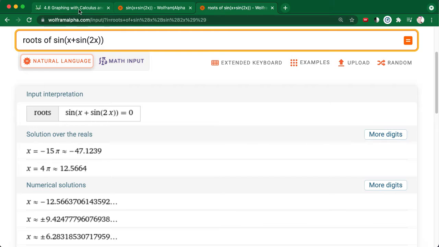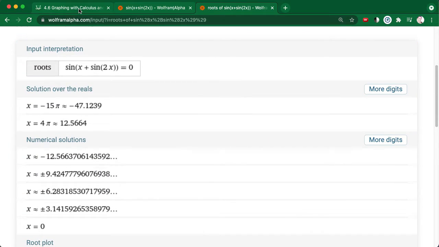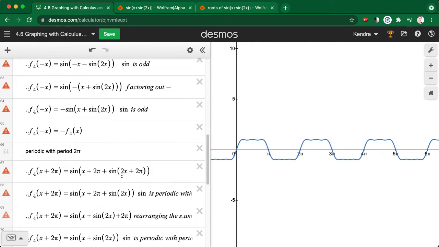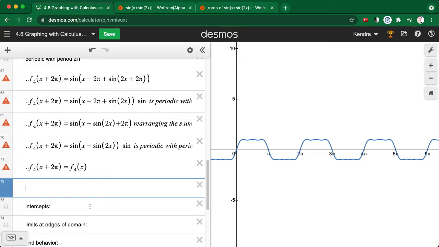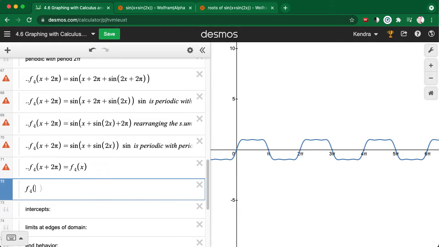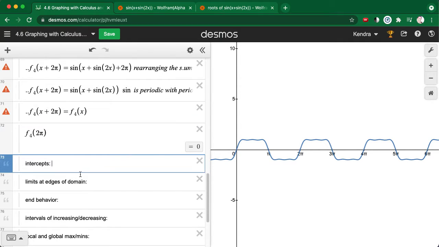But I think we certainly can check that f4 of 0 is 0, and also of pi is 0, and also of 2 pi is 0. So it looks like all the intercepts are at all integer multiples of pi.